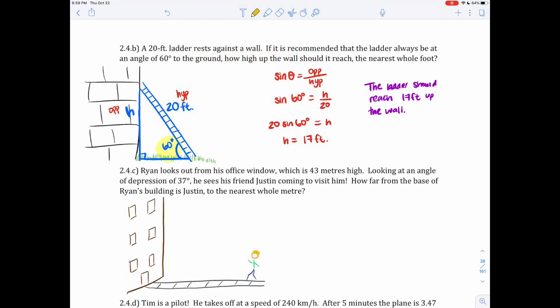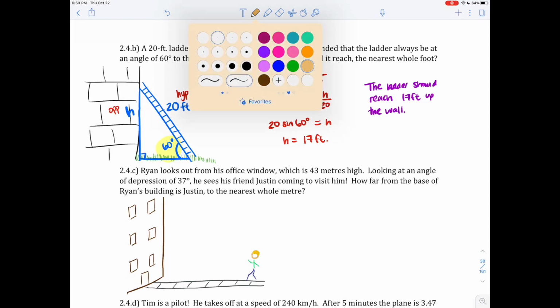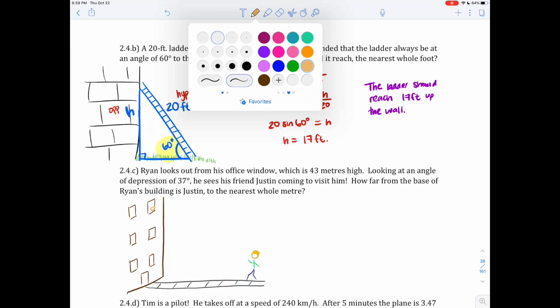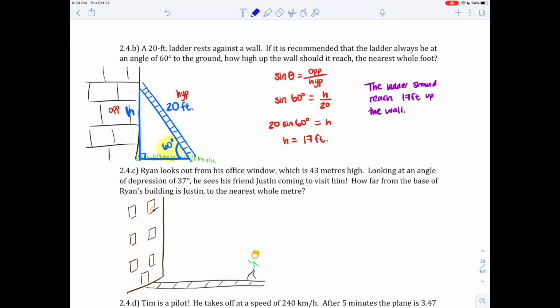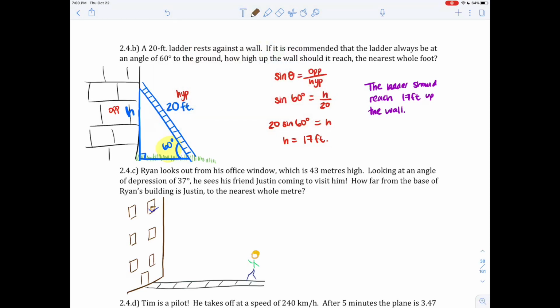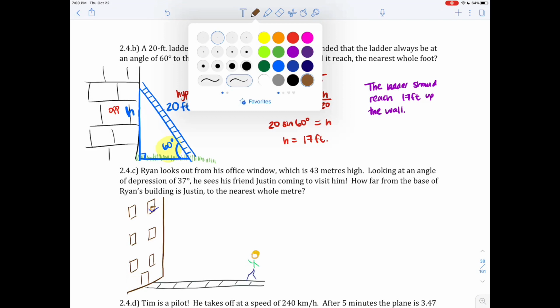So there's Justin, and he's coming to visit Ryan, who's just hanging out over here at Badminton Manitoba with his sleeves that are blue. Ryan is looking down at an angle of depression of 37 degrees.